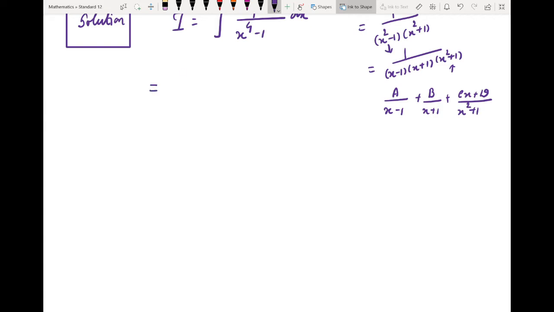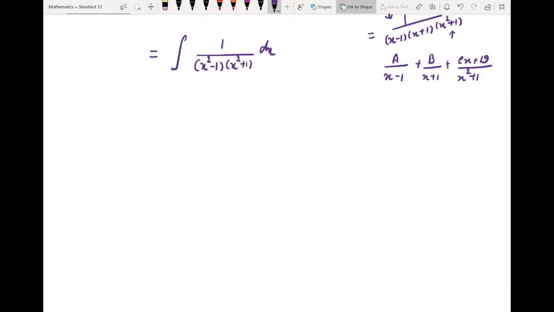Second method, by arrangement you can convert it into standard form. Say x raised to 4 minus 1. So this can be factorized, x square minus 1, x square plus 1 dx. Now numerator can be rewritten using denominator.